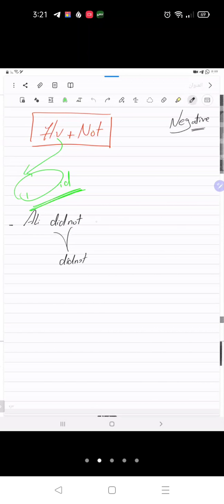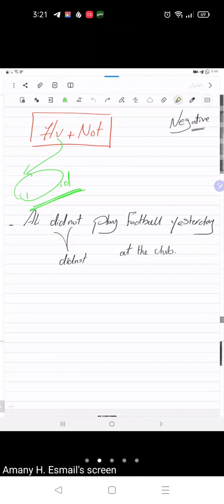So I must say, Ali didn't play football yesterday at the club. So be careful that after did we must use the infinitive form of the verb.